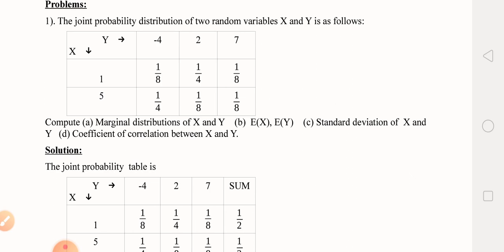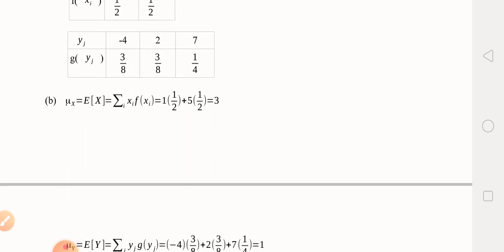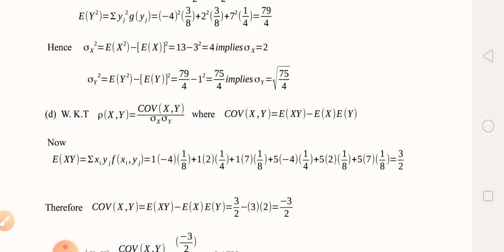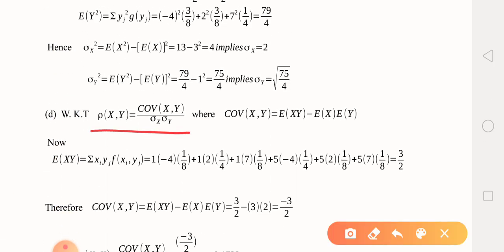Now we have to calculate the coefficient of correlation. Write the formula: coefficient of correlation rho is equal to covariance divided by the product of standard deviations of x and y, where covariance of x and y is given by expectation of xy minus expectation of x into expectation of y.